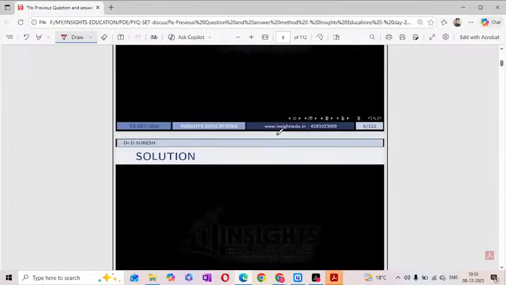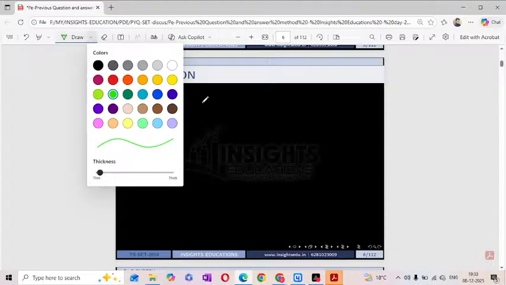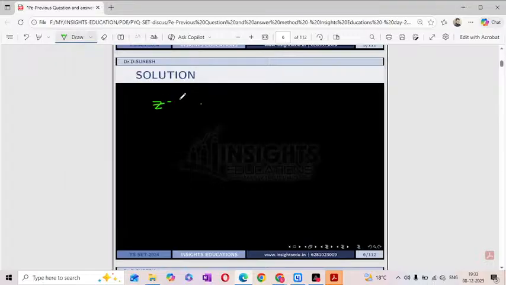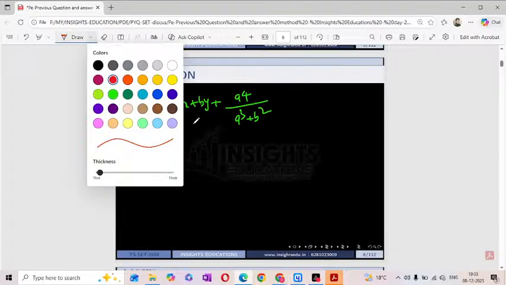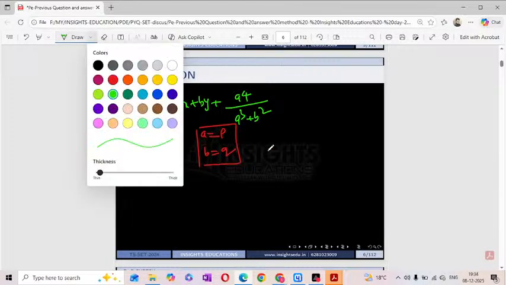Now come to our question. Our question is Z is equal to AX plus BY plus A power 4 by A cube plus B square. Just you have to substitute in place of A just P, in place of B Q only. Then what is our corresponding differential equation?